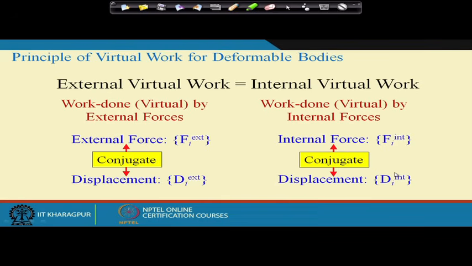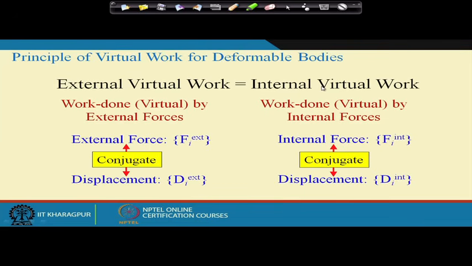These four ingredients constitute the principle of virtual work for deformable bodies. So, before we derive that equation, let us understand what the internal and external forces are and what the external and internal displacements are.